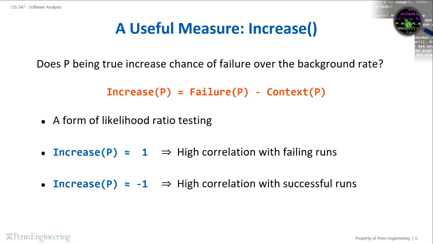On the other hand, if p's failure score is close to 0, then either there were no failing runs where p was true, or there must have been many more successful runs in which p was true than failing runs. And if additionally p's context score is close to 1, then there must have also been many failing runs in which p was false. So, if p's increase score is near -1, it means that p is highly correlated with the success of a run.